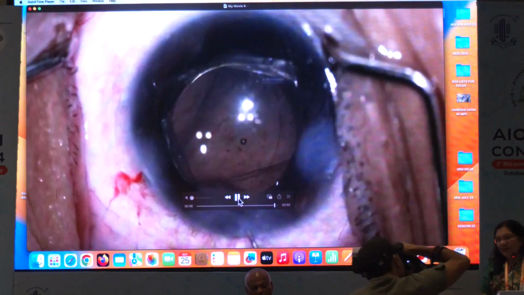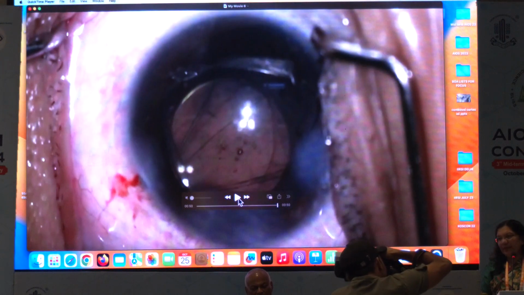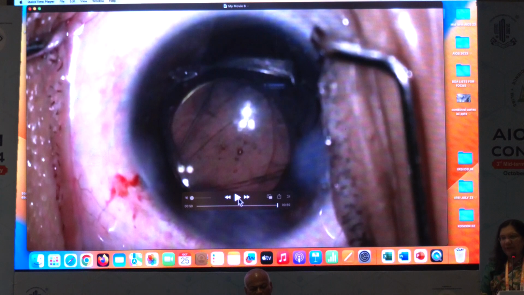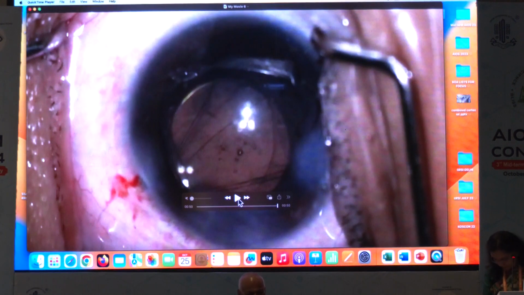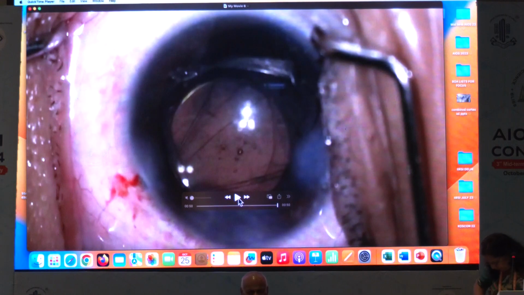Because we know that there is a bag, either a 3-piece or a 1-piece lens can be put. If we are putting it in the bag, then it would be a 3-piece lens, or otherwise a 1-piece lens. Now in this, madam, the IOL is in the bag. So here you will advise a 3-piece IOL, or the 1-piece?